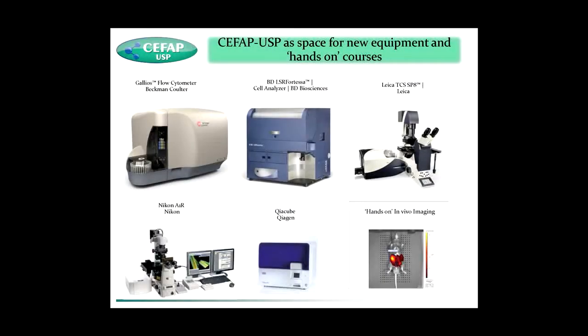Just a nice example, from the beginning in 2011 to just now in 2014. Another way that we thought FAPESP-USP could help the scientific community is to provide a physical space, and actually a very nice, creative scientific milieu, to allow some companies to bring their machines for demonstration. They install the machine there, and allow people to come over, see the machine, and use their own samples for free.